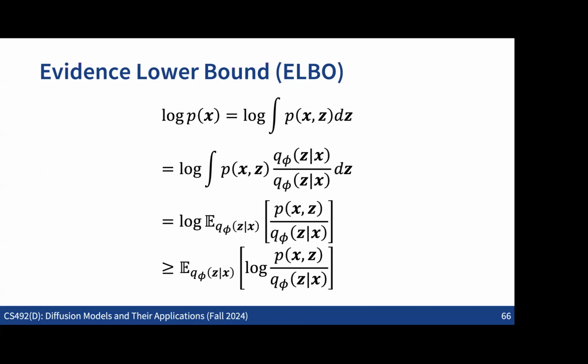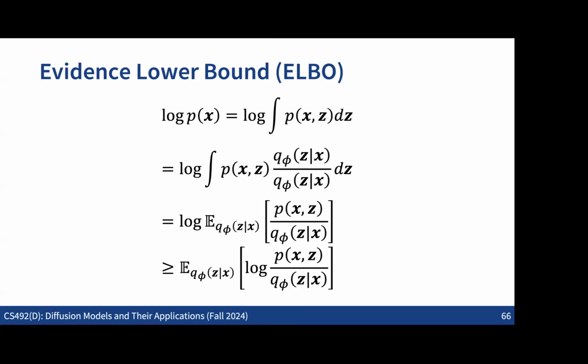From the marginalization, so this is nothing but taking the marginalization, right? We compute P(X) as the integral of the joint probability over Z, right? So this is nothing but marginalization. Then we're just multiplying by one, having this term in both the numerator and the denominator, right?